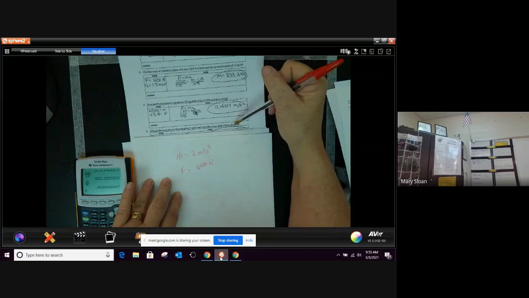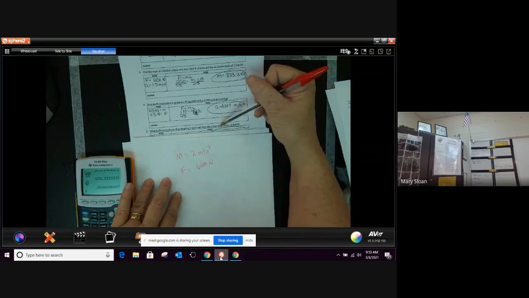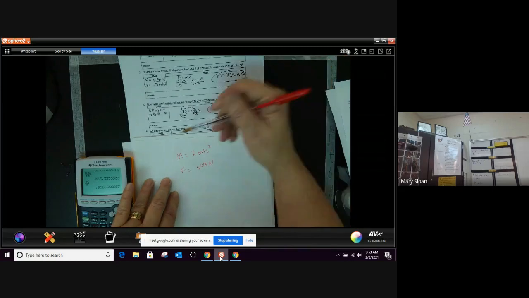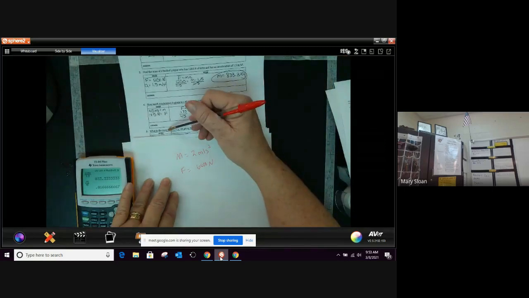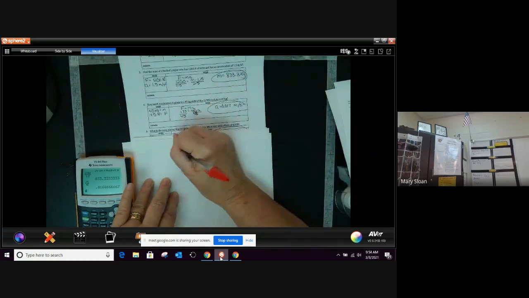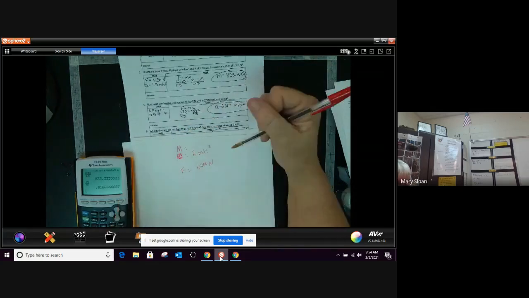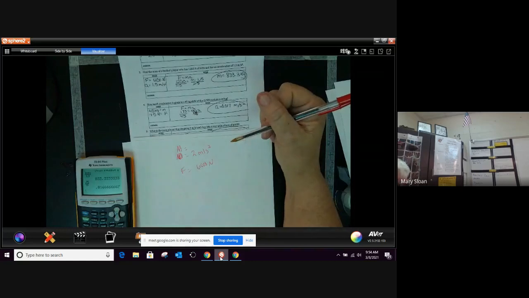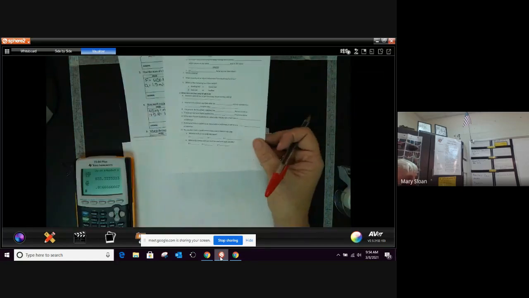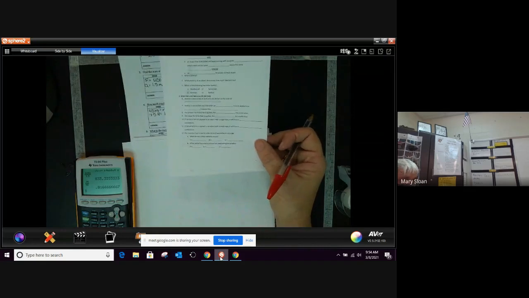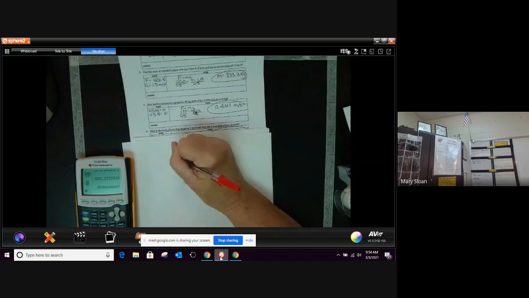But wait a minute, I'm trying to find the mass, ain't I? This is not the mass, is it? What is this? 2 meters per second squared. What does my other page say? Meters per second squared. Which one is it? Acceleration. So this is my acceleration.